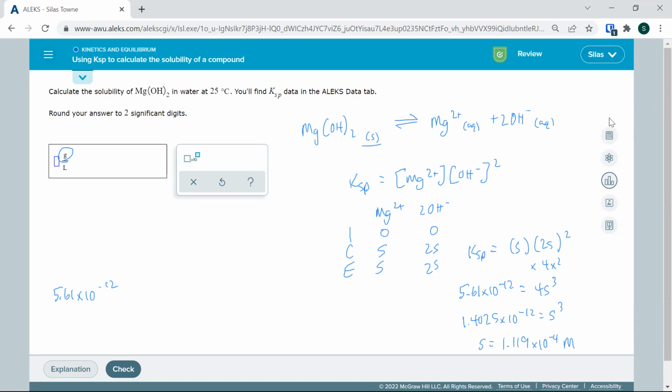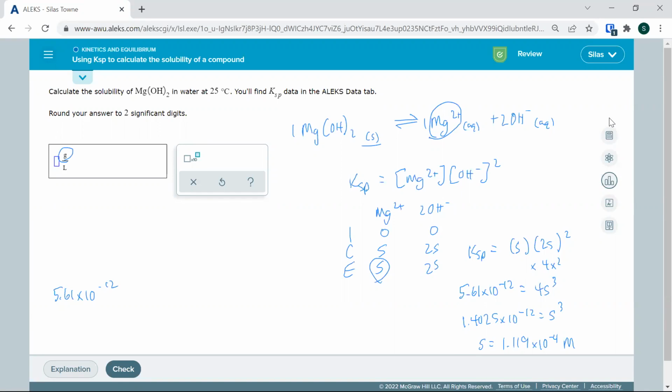Remember, concentration is molarity. So now we got moles per liter, and that tells us the concentration. Now this has a 1 in front. This is a 1-to-1 ratio. This is S, this is S. So we have a 1-to-1 ratio, which tells us that that is the concentration over here.